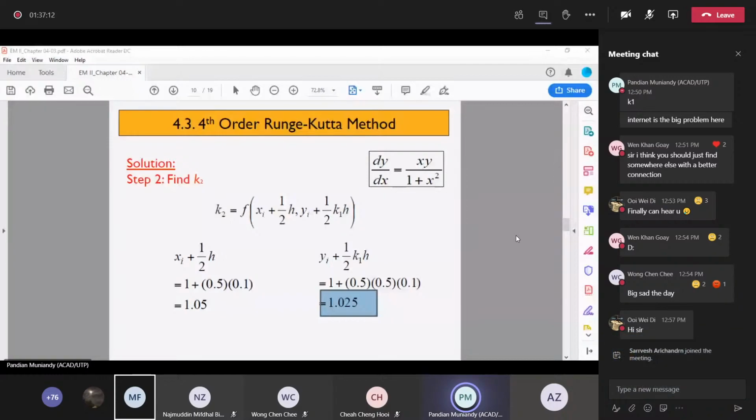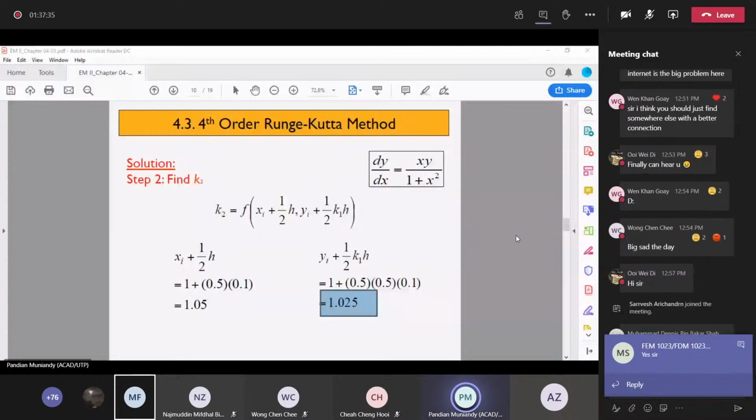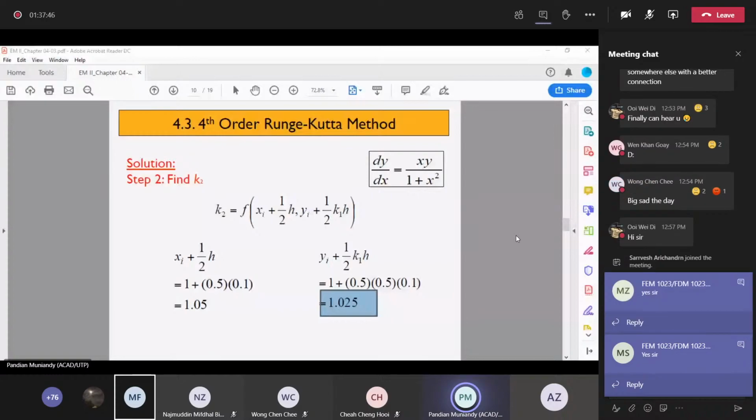Can you verify? 1.025. Can you get the answer, Chia? All right. So once you have y 1.025 and x 1.05, you go to K2.